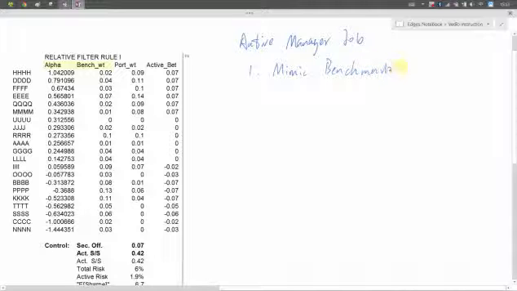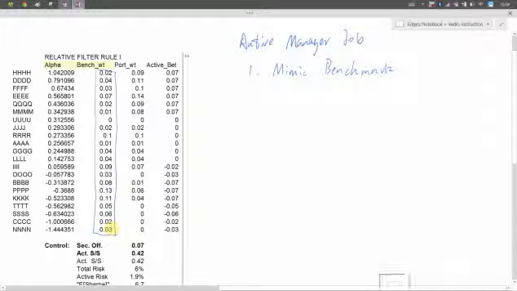What does that mean? Say we've got $1 million to invest, and we need to first buy the stocks in the benchmark. The stocks in the benchmark each have their own bench weight.